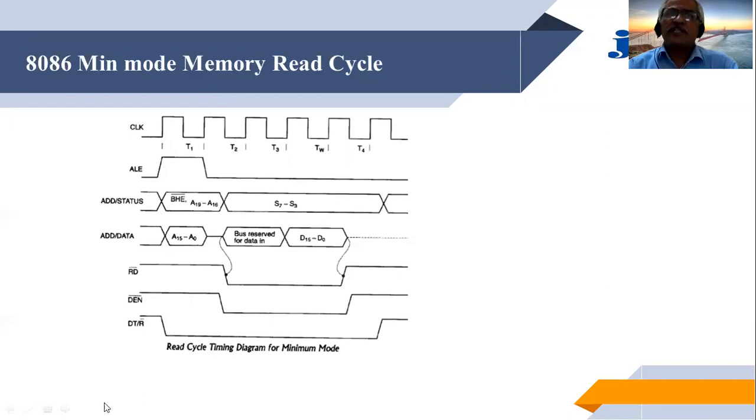Once the bidirectional buffers are activated, then DT/R bar is low for the read operation, and when the read operation happens, the content is read from the device onto the bus.